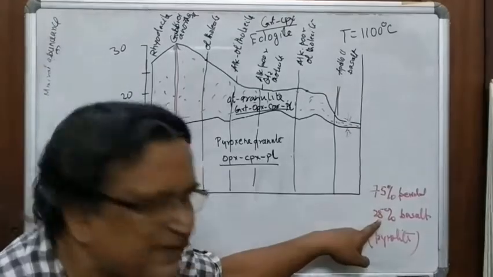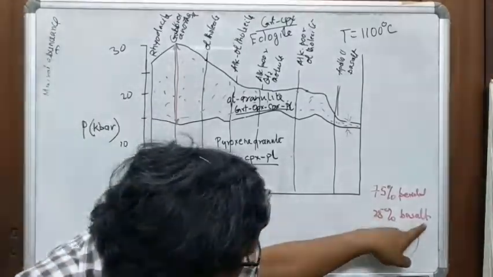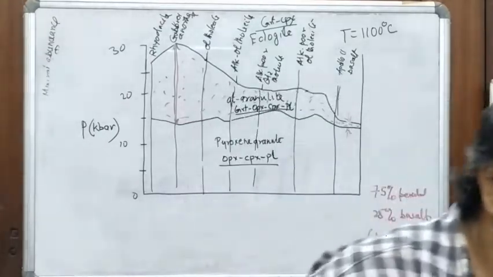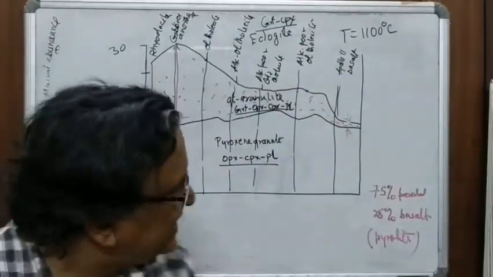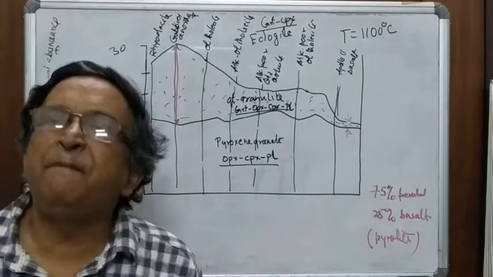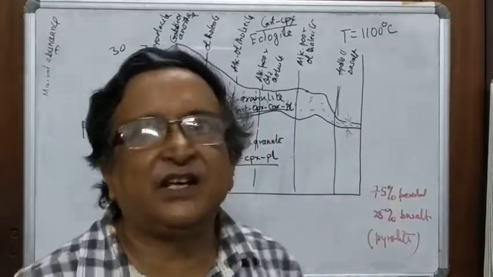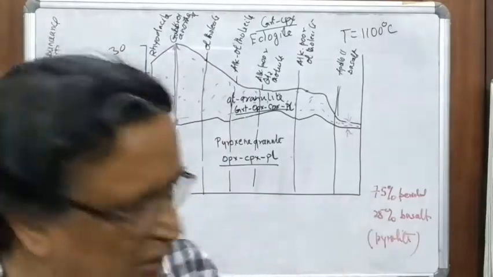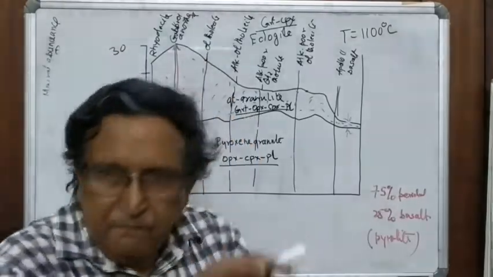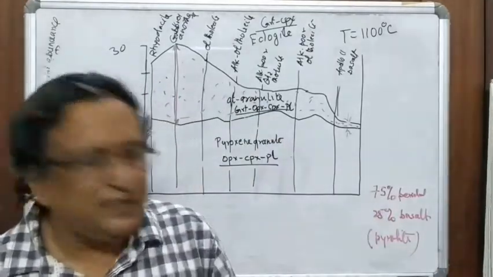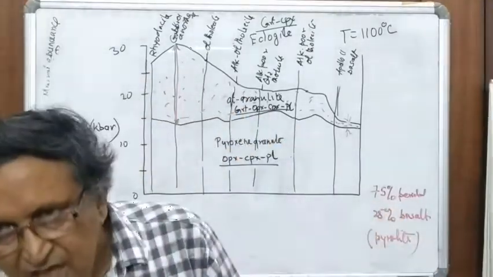This 25% basalt is because the mantle only contains 25% eclogite. 75% is peridotite. That is why the 1:3 ratio comes from this pyrolite model, because the mantle below the Mohorovičić discontinuity contains 25% eclogites, not basalts.